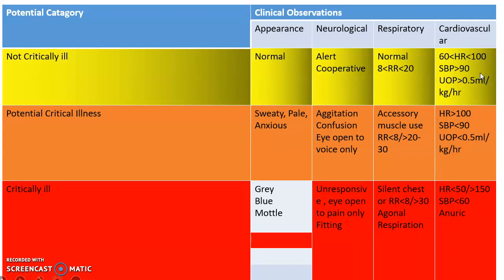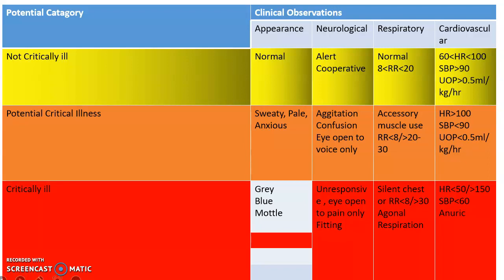Systolic BP greater than 90 with urine output of greater than 0.5 ml per kg per hour: these are normal patients. Potentially critically ill patients have heart rate greater than 100, or are in shock with systolic BP less than 90 and urine output less than 0.5 ml per kg per hour.